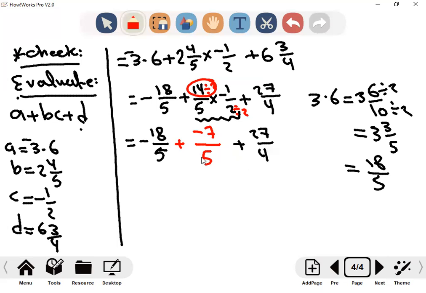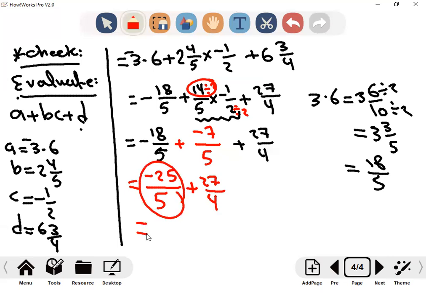This is the answer. Now here, look, we have 5 and here we have 5, can we add them? Yes, we can add them directly. Look here, negative 18, negative 7, negative 25 over 5, plus 27 over 4. Negative 25 over 5 is how much?